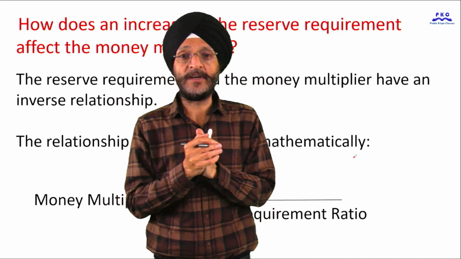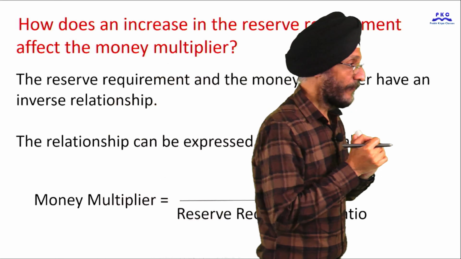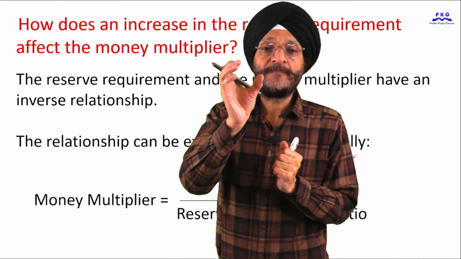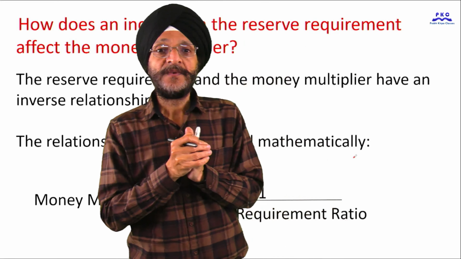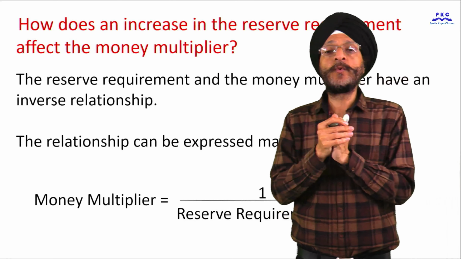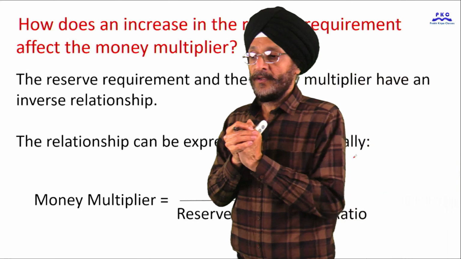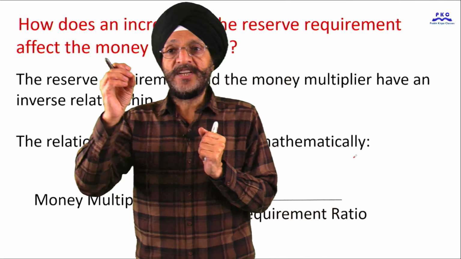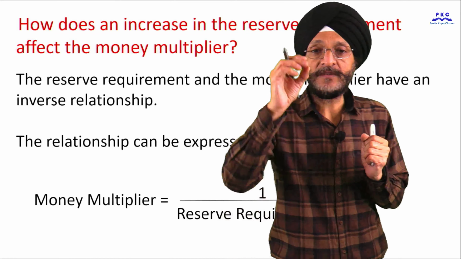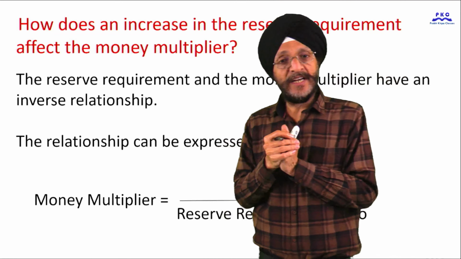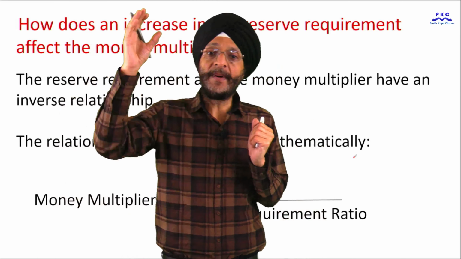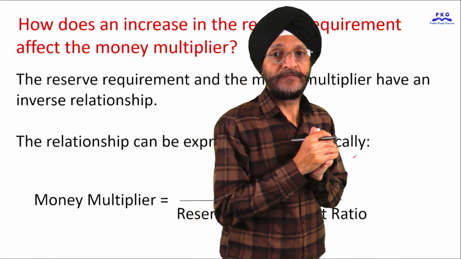What is reserve requirement? Reserve requirement is the reserves which the banks have to keep in the shape of cash or as deposits with the central bank, as mandated by the central bank.